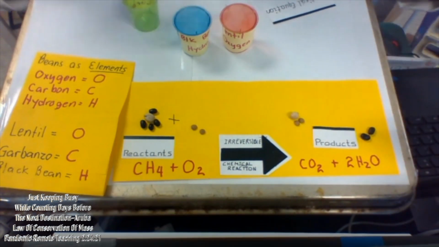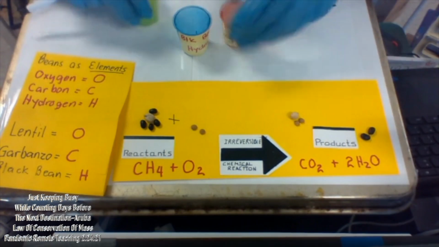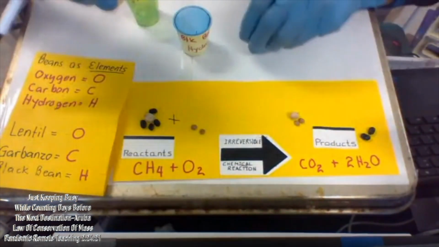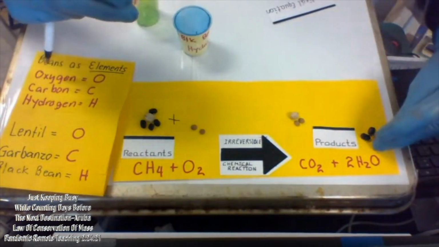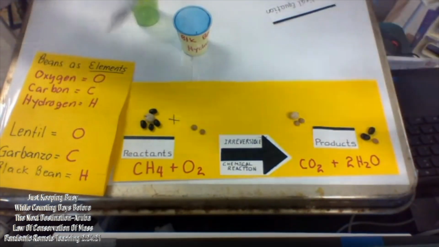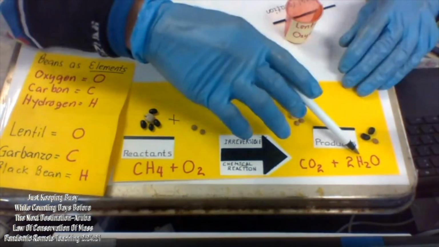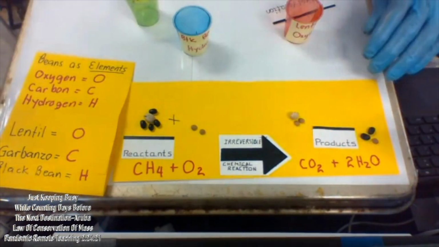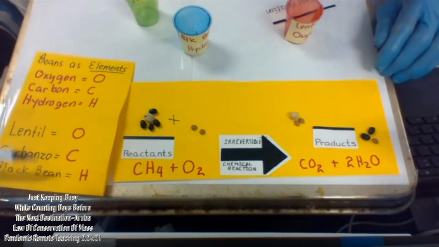And my oxygen is lentil. I got 2 left. That's my oxygen. So I have 2 hydrogen and 1 oxygen. My hydrogen is the black bean and my oxygen is a lentil.